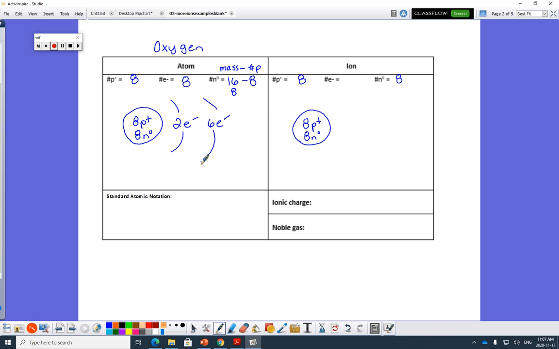And then the ion loses or gains valence electrons only. So the inner ones are going to be the same.